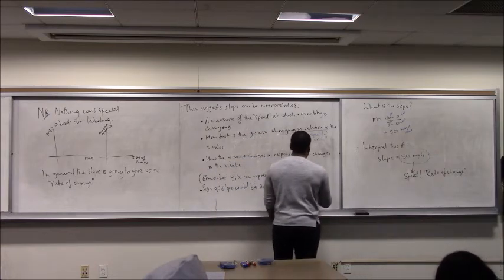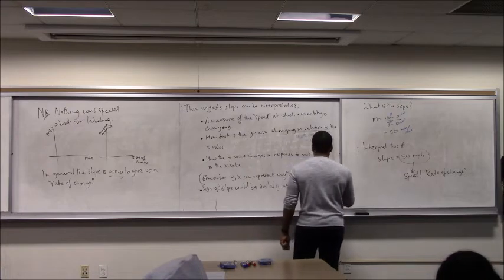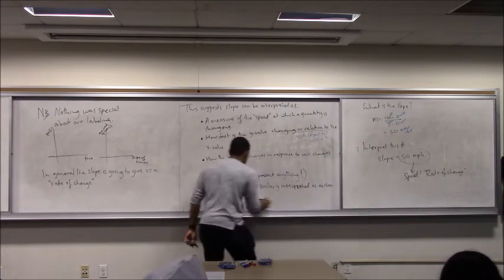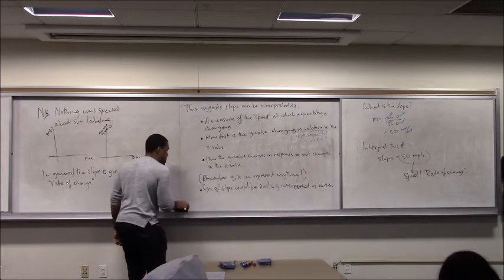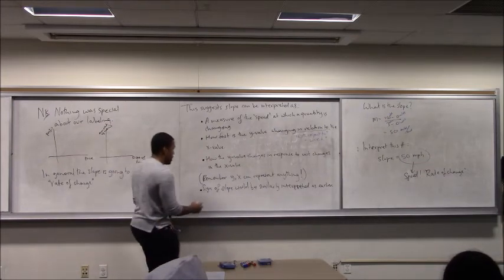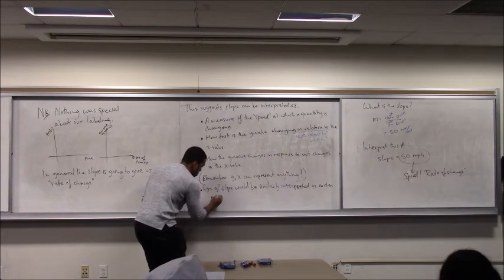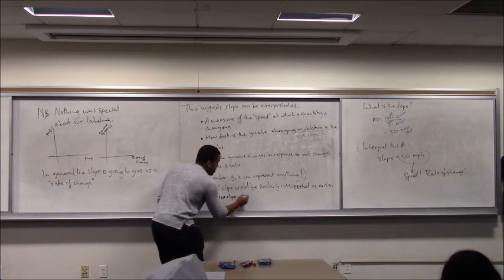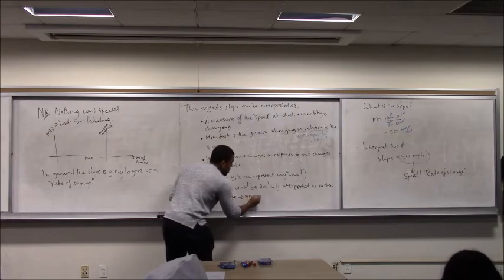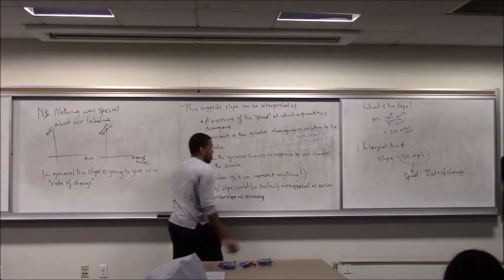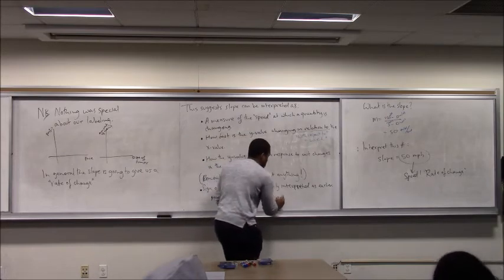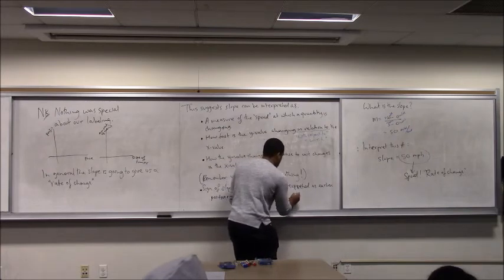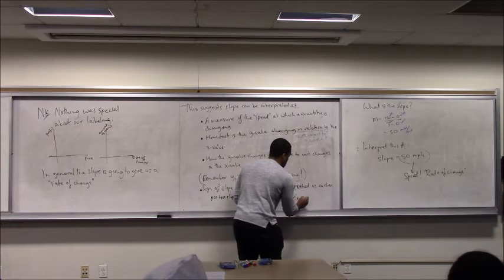If I measure the slope of some graph and I'm trying to figure out how one thing is changing with respect to the other thing, a positive slope will tell me that something is increasing or getting bigger, while a negative slope will tell me something is decreasing or getting smaller.